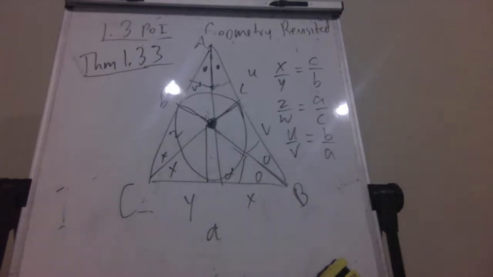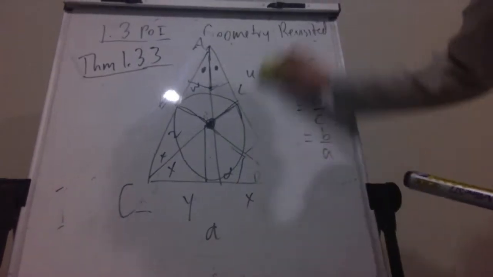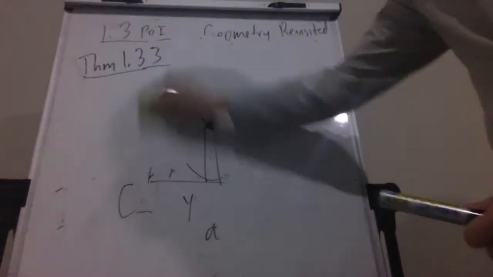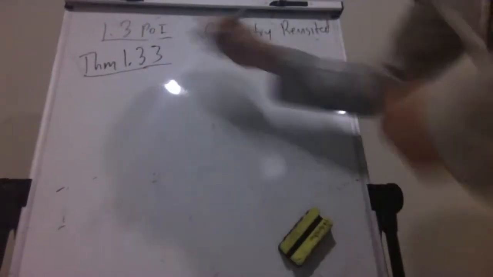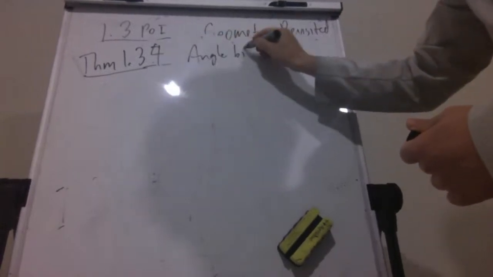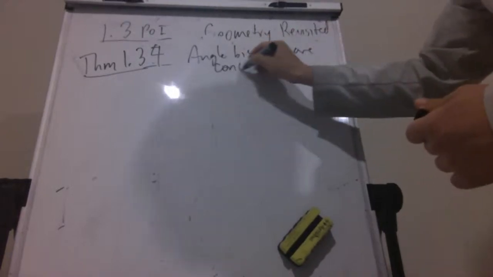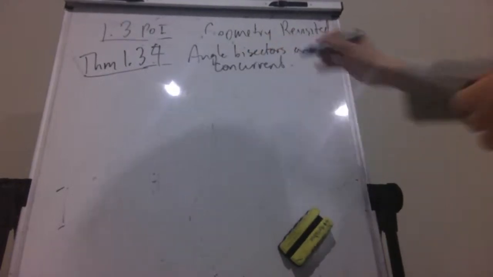So theorem 1.34 says that angle bisectors are concurrent. Okay, and we just showed that.